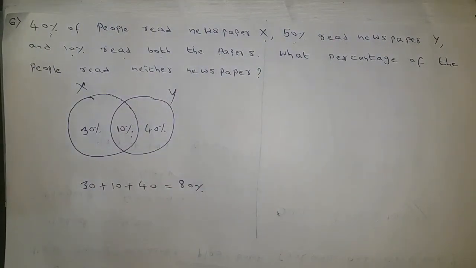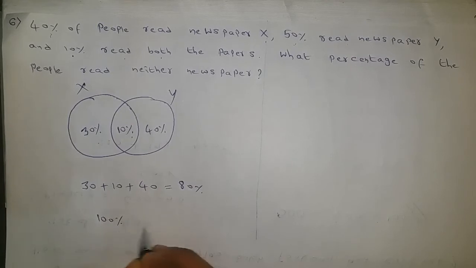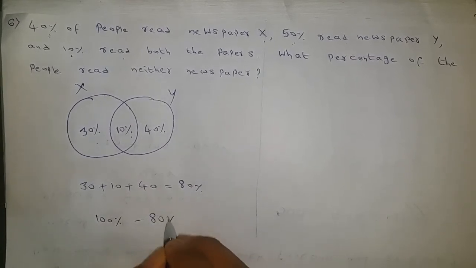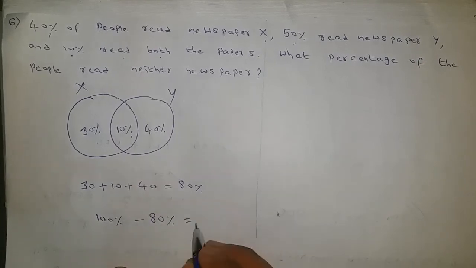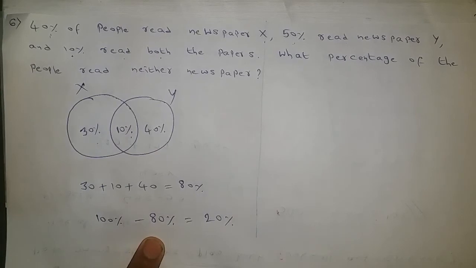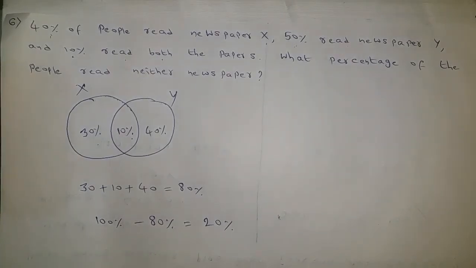The percentage of the people who are not reading any kind of newspaper at all. Total is 100% people. From that, if we subtract the people who are reading at least one paper, that is 80%, 100% minus 80% is equal to 20%. So 20% of people are not reading any kind of newspaper at all.